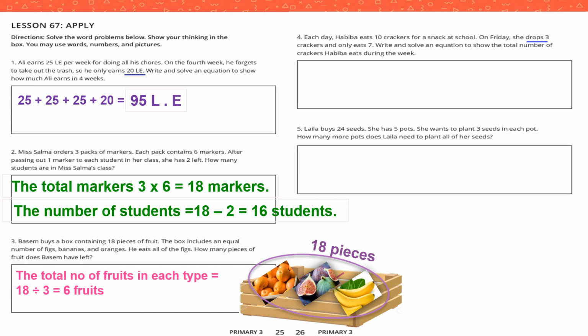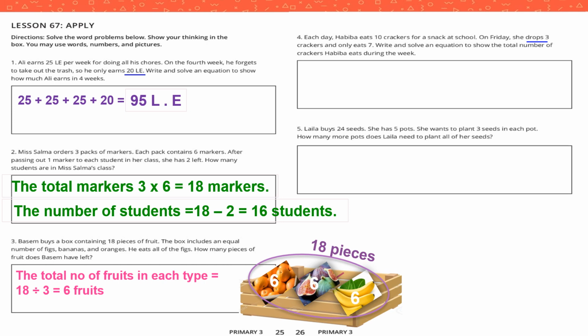So to find the total number of each kind of fruit, I have 18 pieces, and we have 3 kinds. So we will divide this 18 by 3 types to know how many pieces each type of fruit contains. So 18 divided by 3 equals 6. Okay, so we have 6 oranges, 6 figs, and 6 bananas.